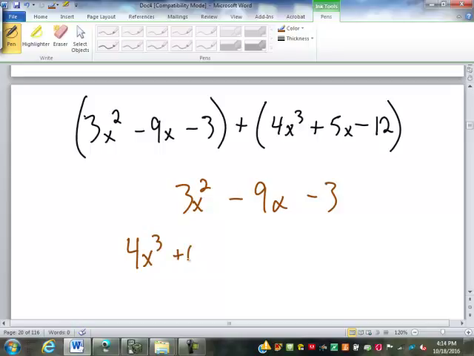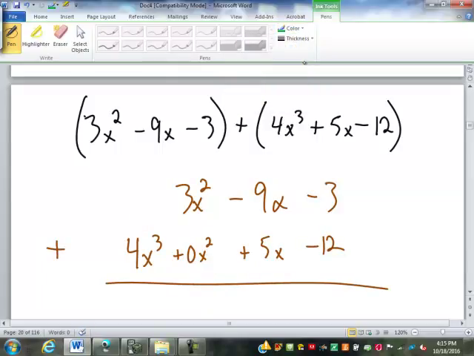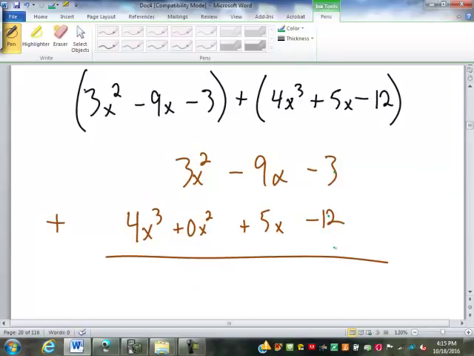What I'm going to do is fill in 0x squared here, because there is no x squared there, then positive 5x, and a negative 12 here. And we are still adding. So we're going to start right to left. Negative 3 and negative 12 make negative 15.